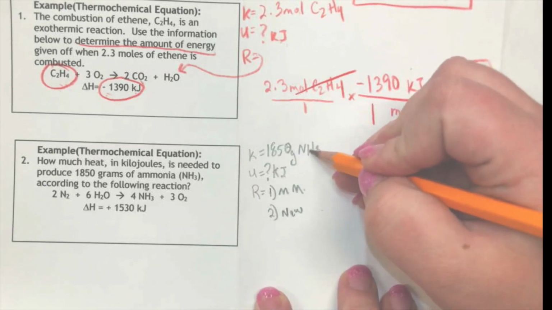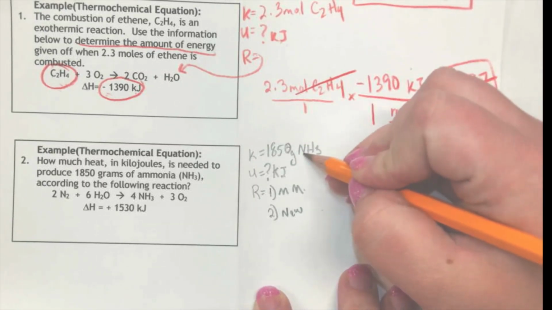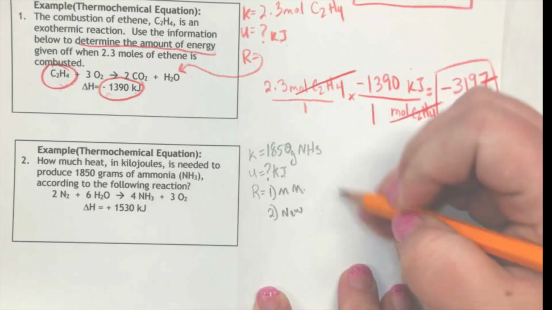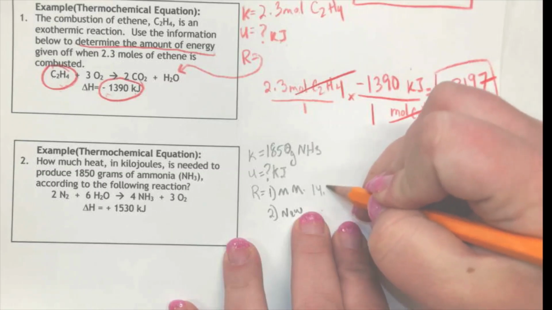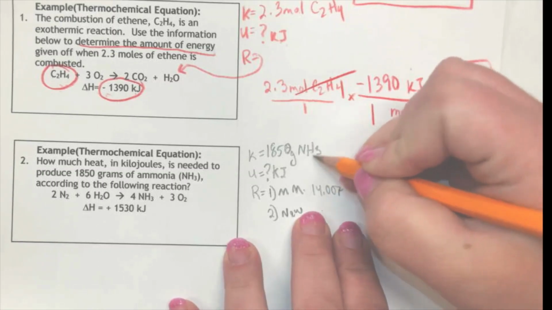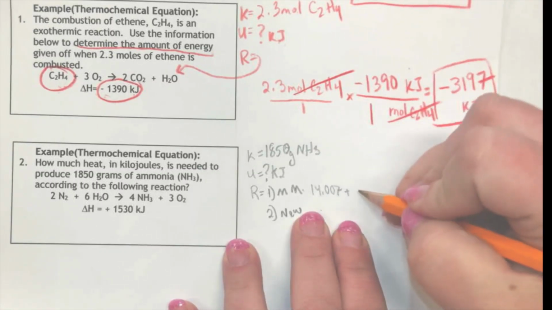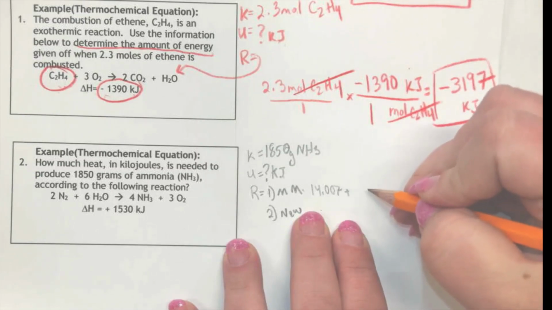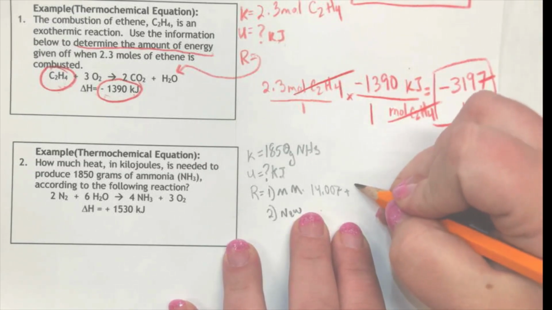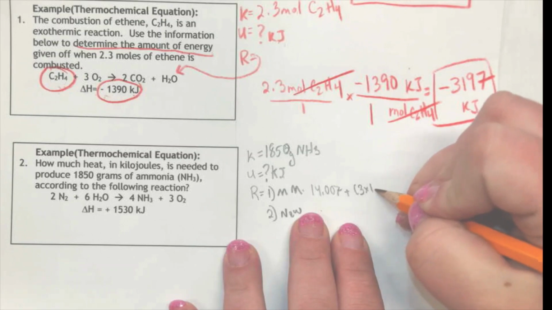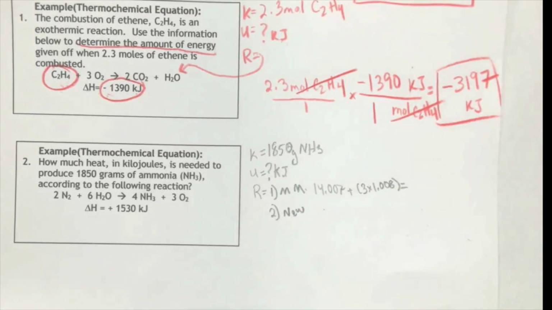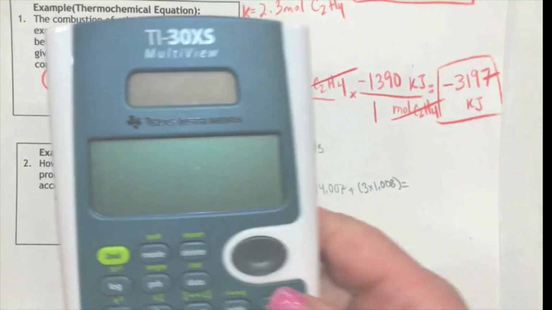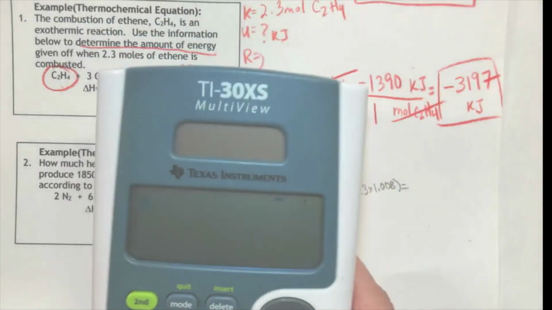Find your molar mass by taking your elements, nitrogen, hydrogen, and finding their atomic masses. Nitrogen's is 14.007. Hydrogen is 1.008, but there's 3 of them, so you'll need to multiply it by 3. Plug that into the calculator, and that's going to be how many grams you have per 1 mole of ammonia.